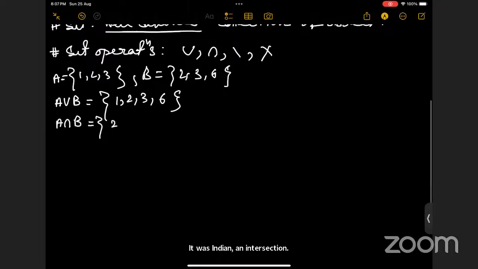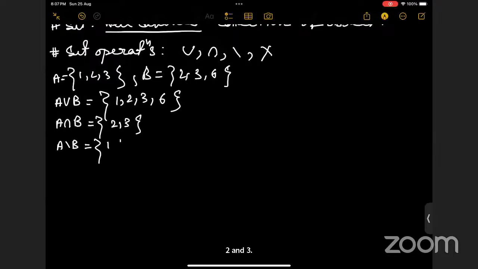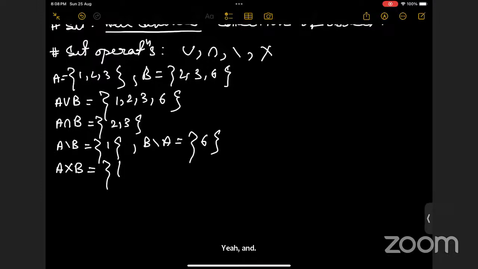And the difference? 1 and 2. And B minus A? 6. And what is A cross B? All the pairs, all possible tuples. So you all know about all the set operations, right?